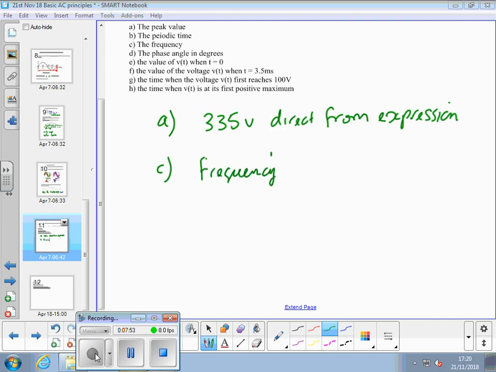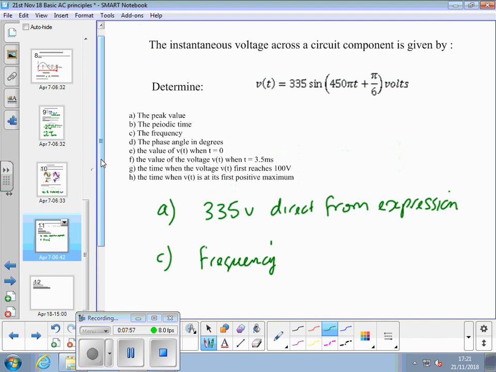What have I got in that waveform that's related to frequency? Which bit of this waveform represents frequency? In the brackets. t is the time in seconds.